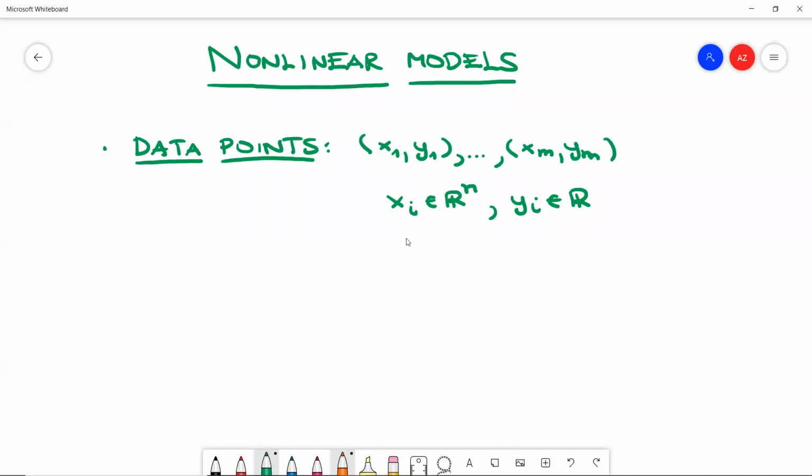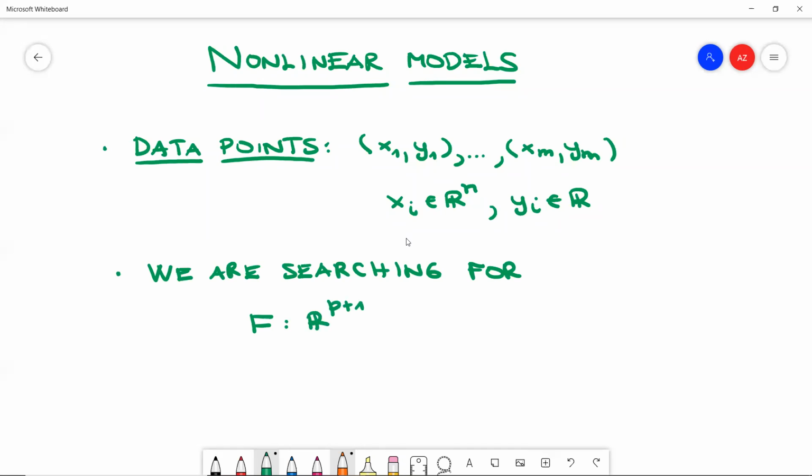And we would like to fit those data points with some function. So we are searching for a function f. It is a function which depends on those first coordinates of our data point, which are n numbers, and then we also have p parameters.